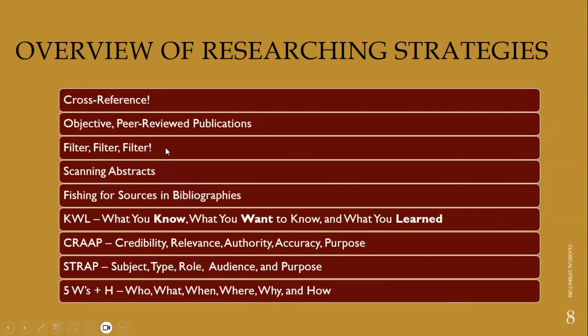The tool that you should use is the filtering tool, and every search engine for academic databases has a filtering tool. You can filter down your results to 20 or 10 articles, sometimes even less, and they're going to be the most relevant and hopefully helpful articles that you can find.